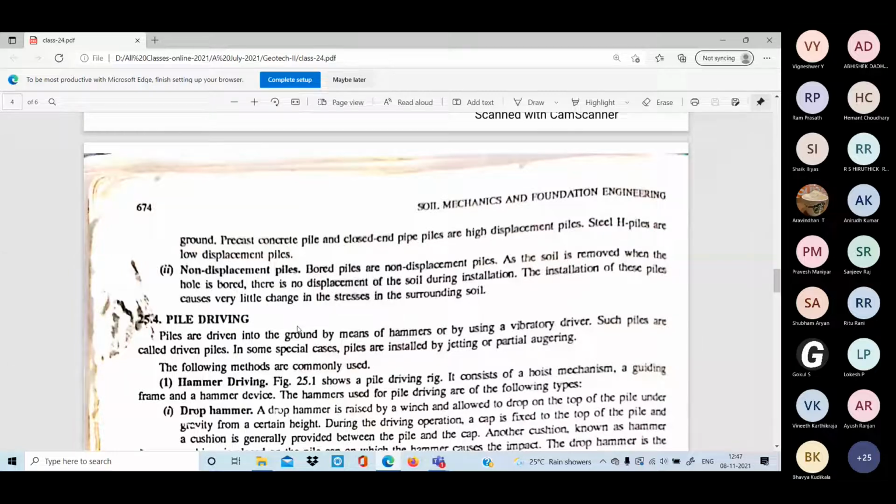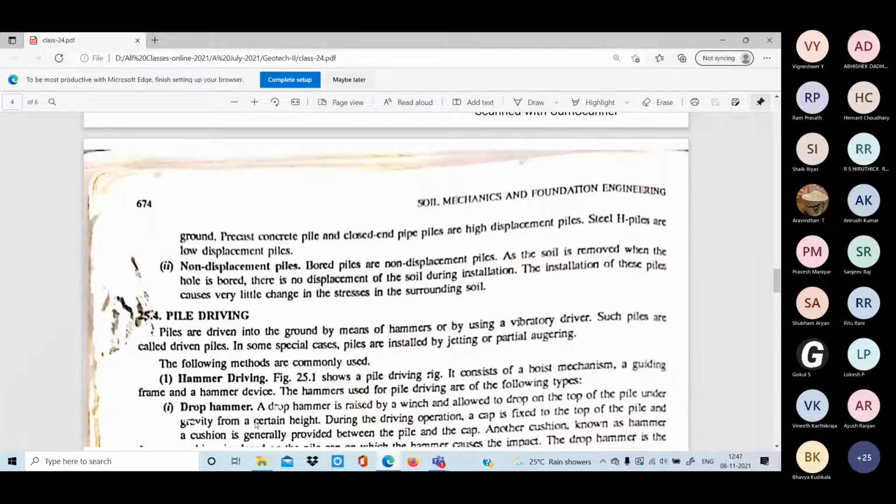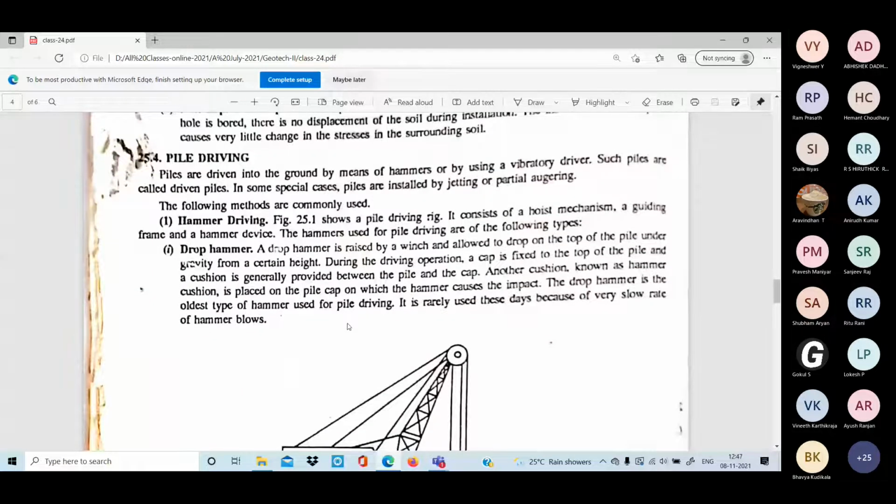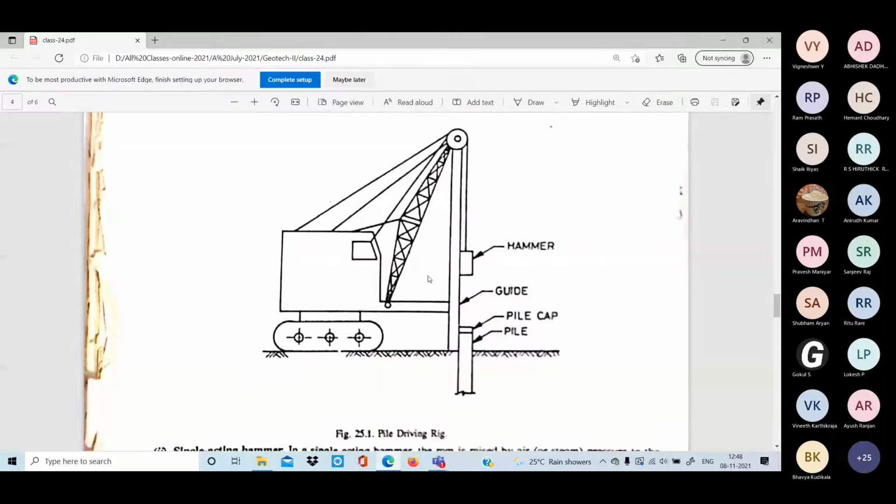Next, coming to pile driving, how it will be driven. In that case we have a hammer, like a drop hammer. In some photos here, the bottom one is the pile, and the hammer drops from a certain height, and then the energy can be calculated.